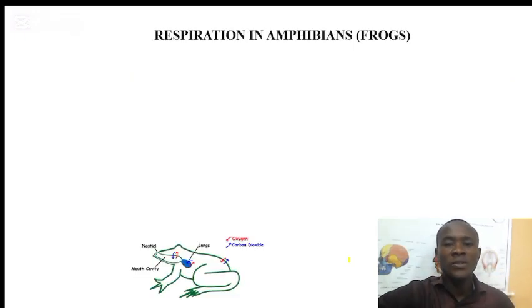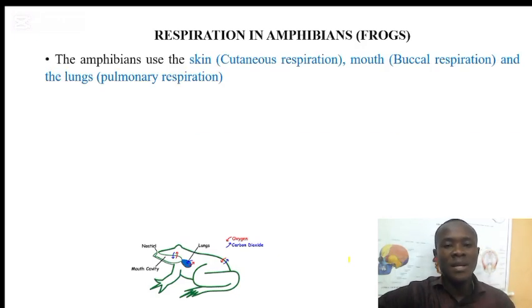So now let's discuss respiration in amphibians, how they respire. The adult amphibians respire by three means, but the larva respires by using gills. We are going to talk about the adult, not the larva.